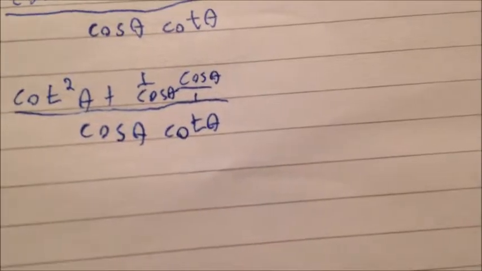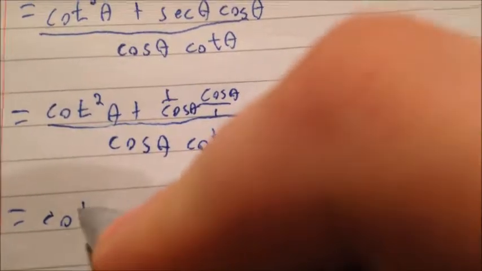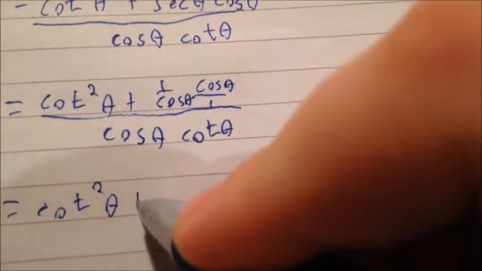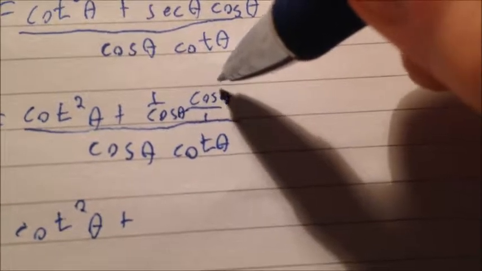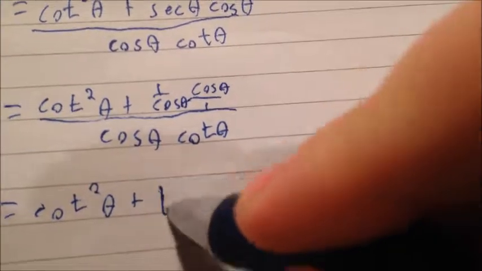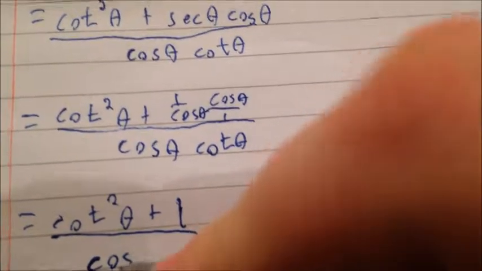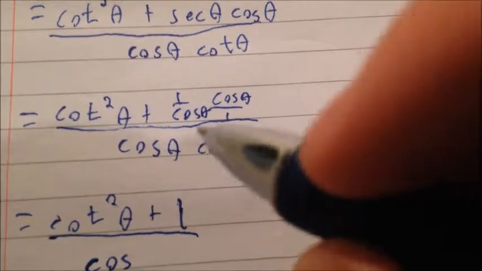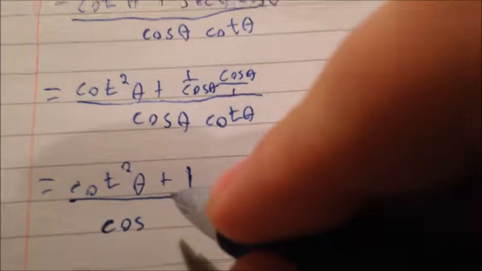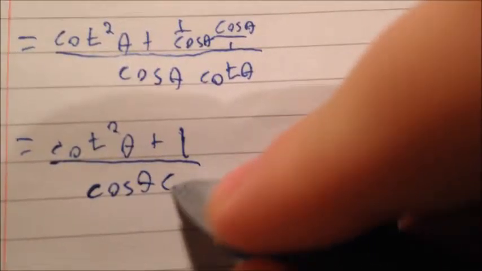So our next step is we multiply these together. So we have our cotangent theta, and when we multiply them together, it will become cos theta over cos theta, that equals 1. So it's cotangent squared theta plus 1 all over cos theta cotangent theta.